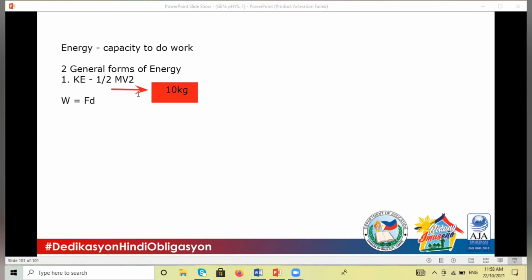And a force which pushes this box speeds or moves this box at a velocity of, let us say, 40 meters per second. So what will be the kinetic energy of this box? What will be the kinetic energy of the box?